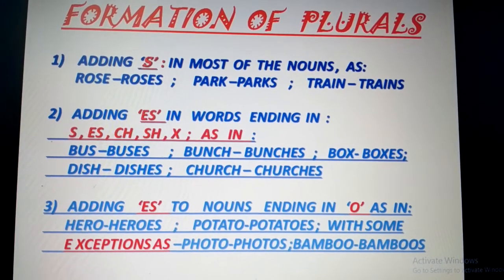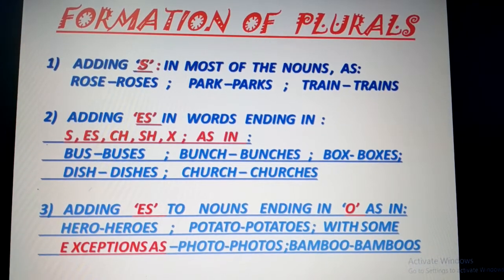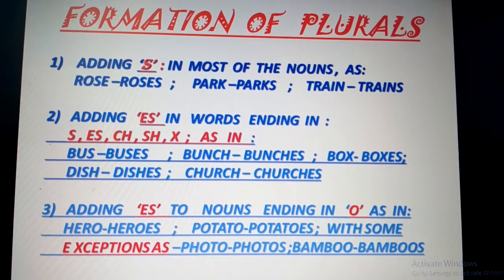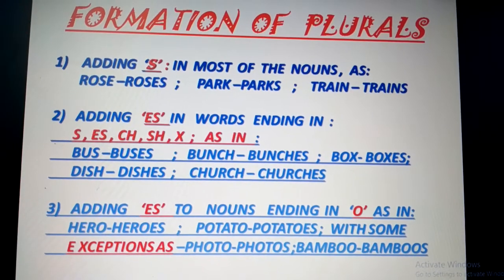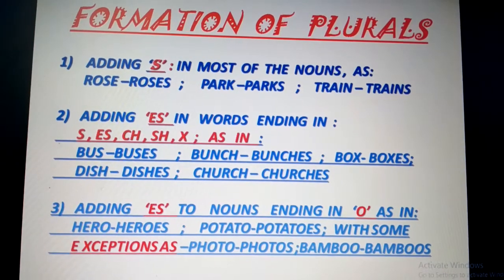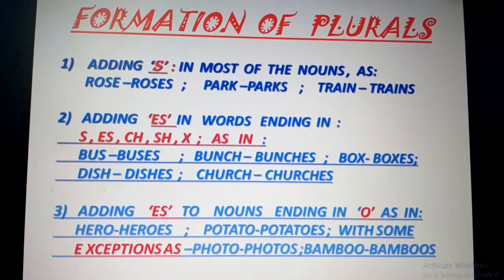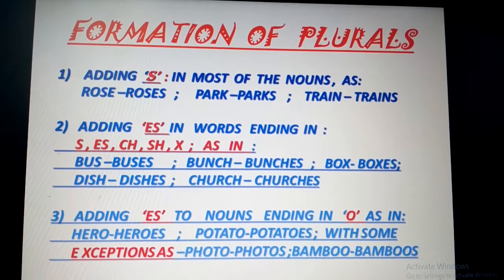The third rule says that the nouns ending in o have an addition of es at the end of the words. For example, hero, heroes, potato, potatoes. But here, dear children, we have some exceptions as well, in words such as photo and bamboo.